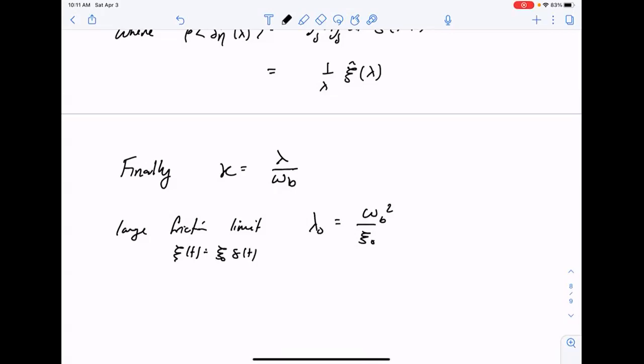So in the Markovian and large friction limit, which results in a kappa of omega b over the friction, which is exactly what we got in Cramer's theory.